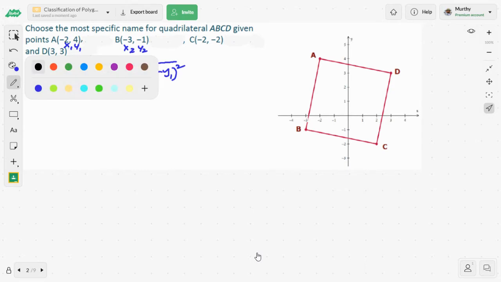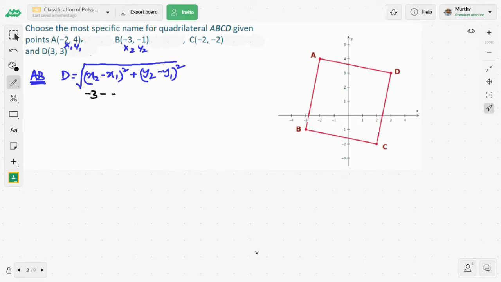Let me plug in these values. x2 is negative 3 subtract x1 which is negative 2. In my previous class I mentioned that if double negative signs occur side by side, use extra parentheses. Then y2 is negative 1 subtract y1 which is 4. Here I am using only single parentheses because there are no double negatives. So, the square root of this.